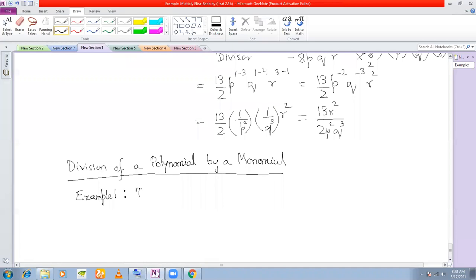Question is divide 4x to the power of 5 minus 3x to the power of 4 minus 6x square plus 5x plus 8. You have to divide this expression by 2x square.